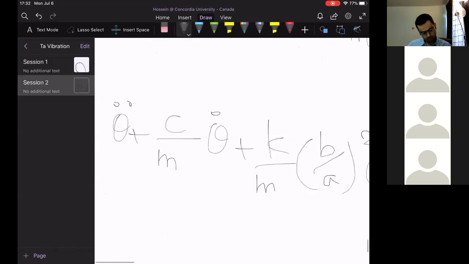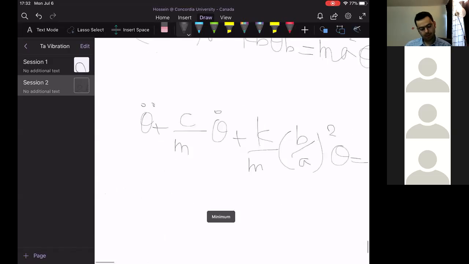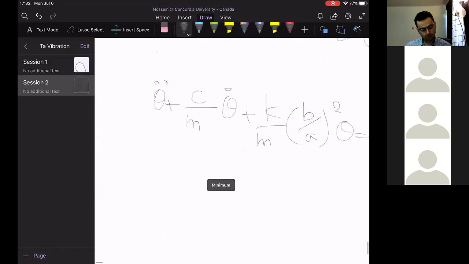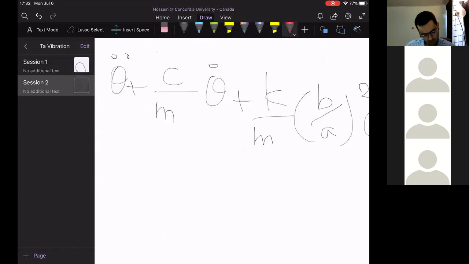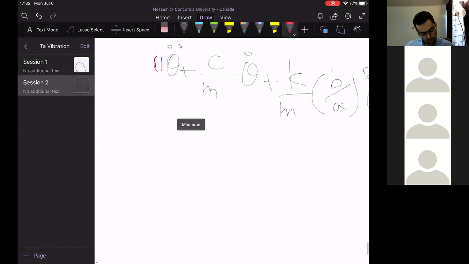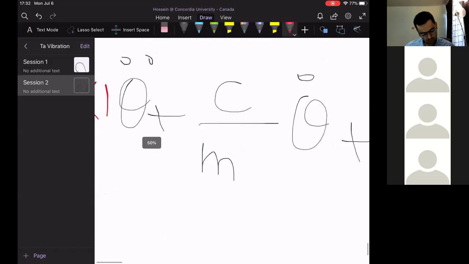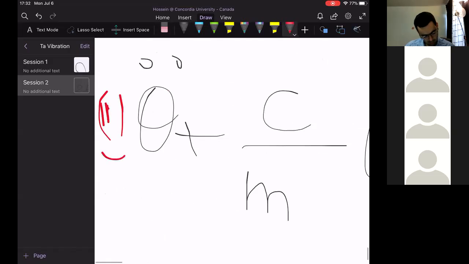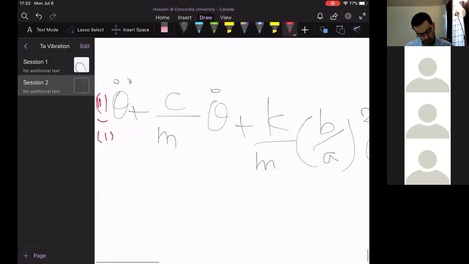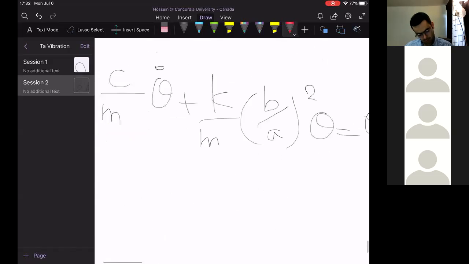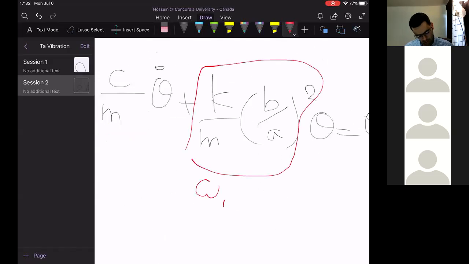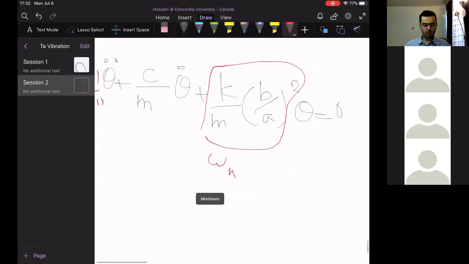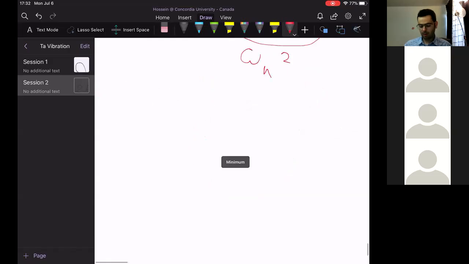So for the sake of simplicity, it is better to make the coefficient of theta double dot 1. Then this would be omega n squared if you put 1 as the coefficient of x double dot or theta double dot.